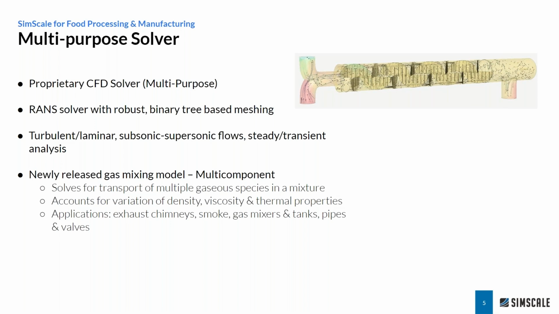And when we talk about the gas mixing model, it can be used for transport of multiple gaseous species within a mixture, accounting for the variation of density, viscosity, and thermal properties. And apart from using it within the food processing industry, there are other applications where this model can be used, like an exhaust chimney, smoke dispersion, mixers and tanks, or pipes and valves.